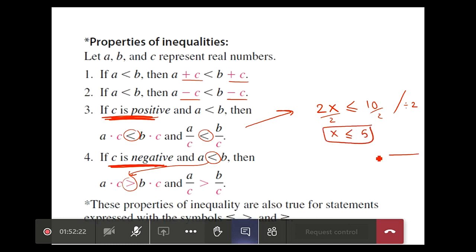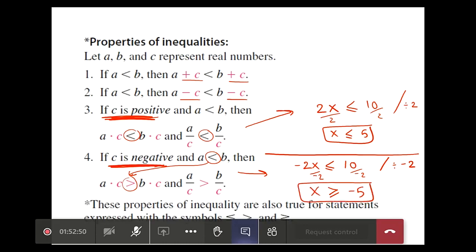Okay? But if we have a negative coefficient, for example, minus 2x less than or equal 10, we need to divide by negative 2. When dividing by negative 2, we must change the sign of the inequality from less than or equal to greater than or equal, and x greater than or equal minus 5, like this.